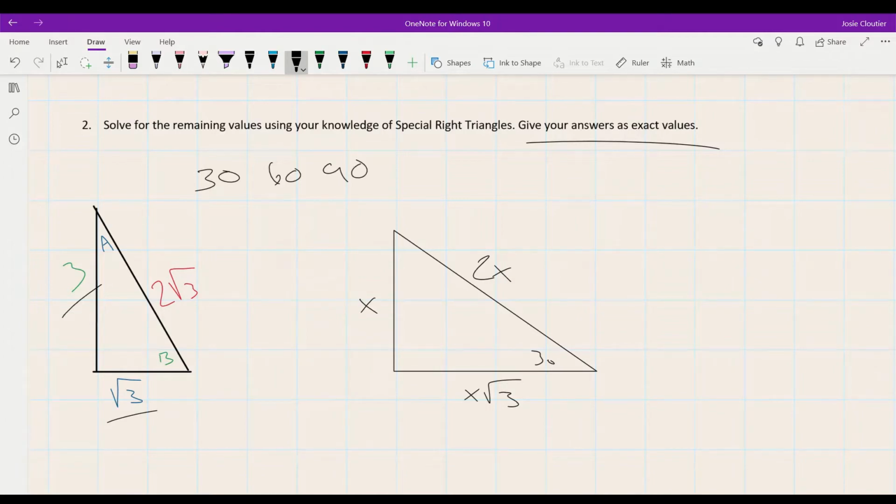So now, like in the prior problem, we'll set 2x equal to 2 times the square root of 3, divide both sides by 2, x equals the square root of 3. Right, so we know that the side opposite 30 degrees should be equal to the square root of 3. And the square root of 3 is down here, which means A must be 30 degrees and B must be 60 degrees.